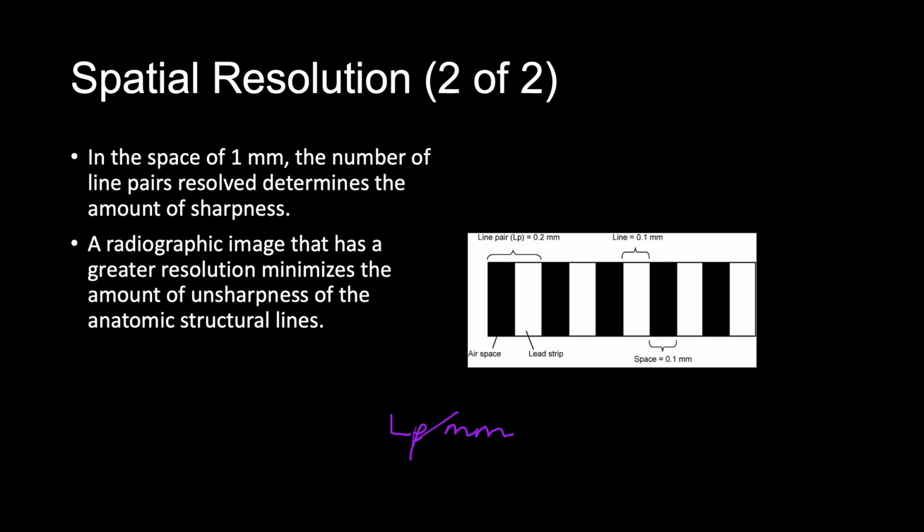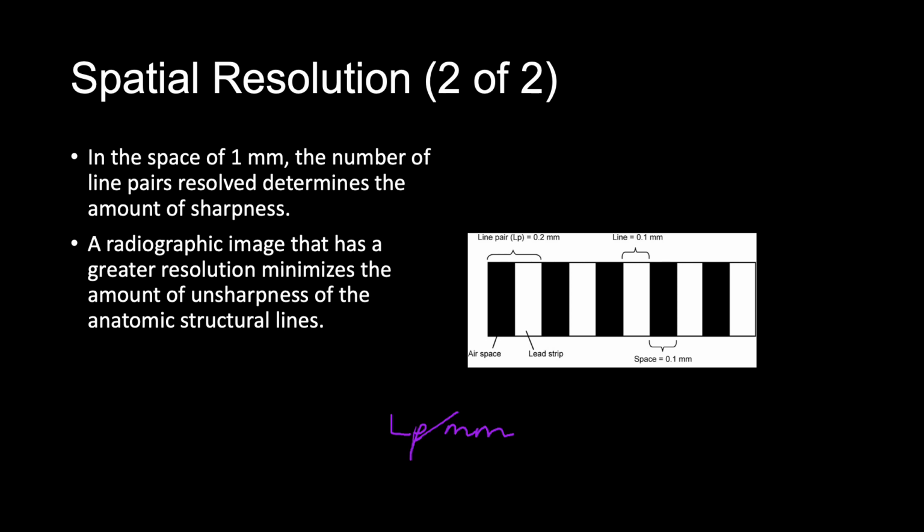Resolution is the ability of the imaging system to resolve or distinguish between two adjacent structures. So we know resolution can be expressed in the unit of line pairs per millimeter, which is the LP/mm that I wrote. In this figure, it is showing the line pairs per millimeter, 5 line pairs in the space of 1 millimeter.